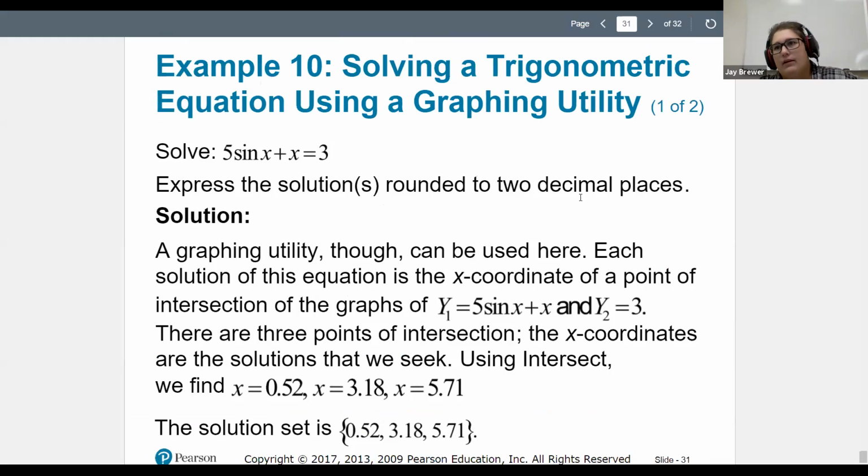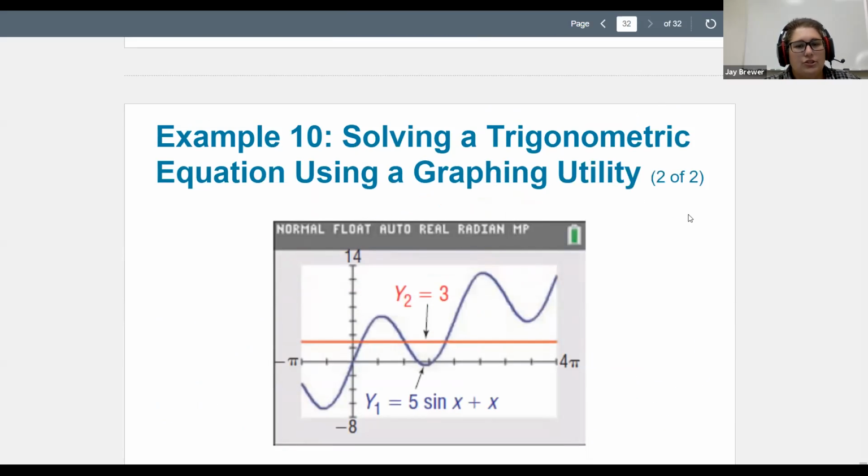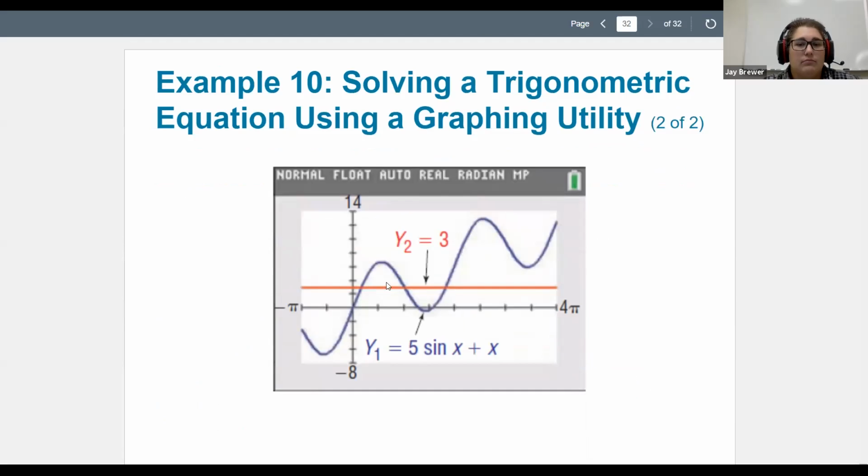Into either the graphing calculator or the Desmos, and we could verify it, okay? All right, last one for this slide. It literally showed you it, okay?